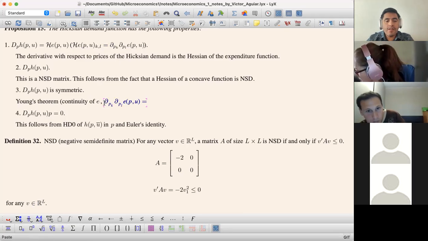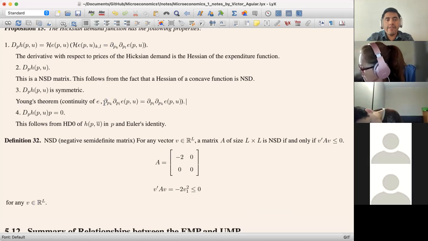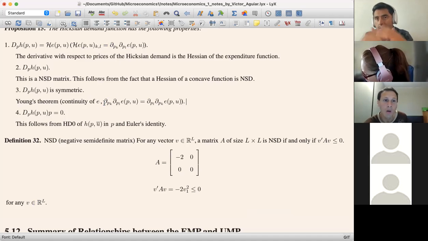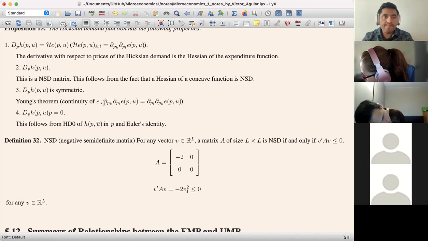If I take the partial derivative of E with respect to pk and pl, and then reverse the order of differentiation, it won't matter. It will be the same. This only holds for continuous functions that are differentiable. If continuity fails, then this is no longer true. Our expenditure function is also continuous.